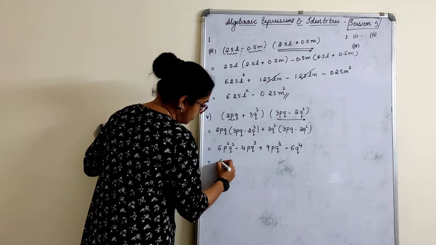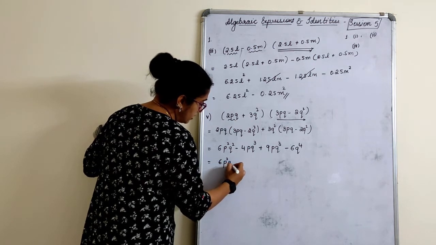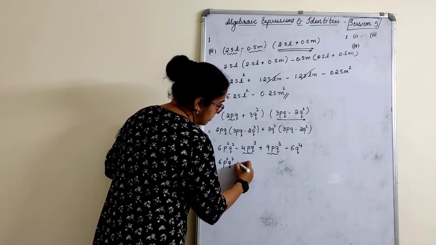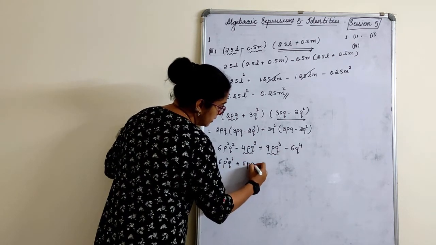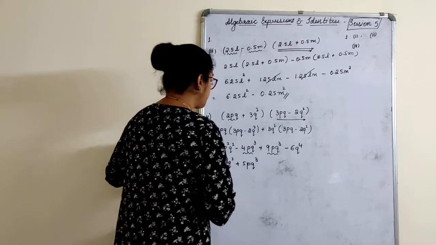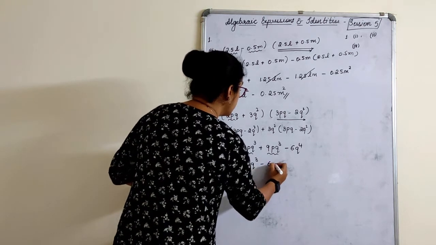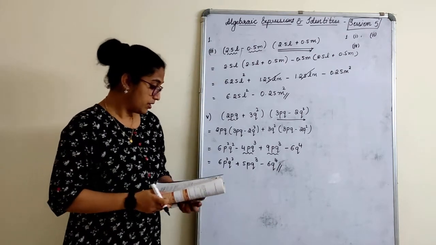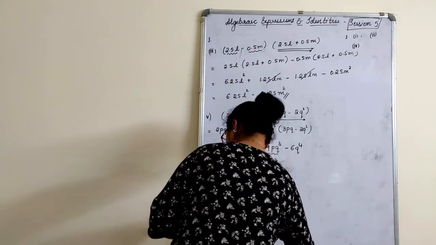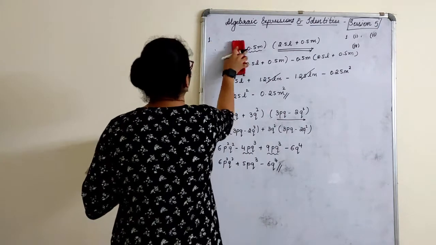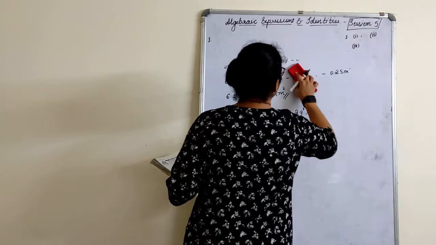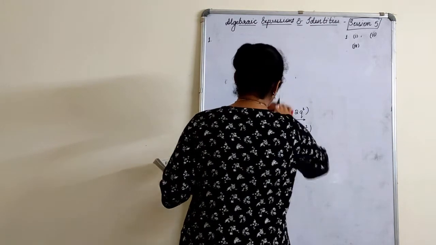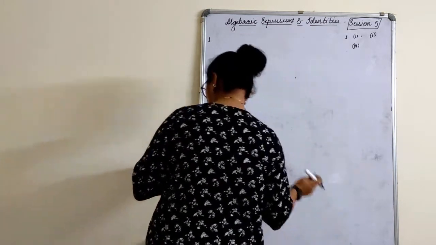Now, unlike terms, keep as they are. 6P square Q square, minus 4 plus 9 is plus 5PQ cube, minus 6Q raised to 4 is the answer. This is how we multiply a binomial by a binomial.